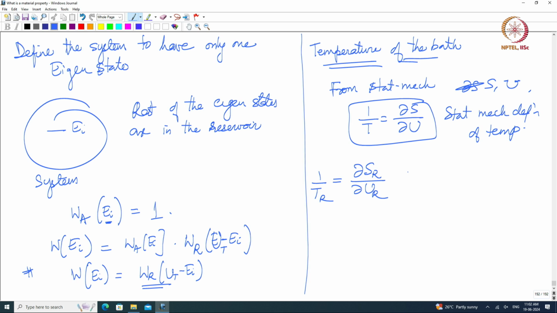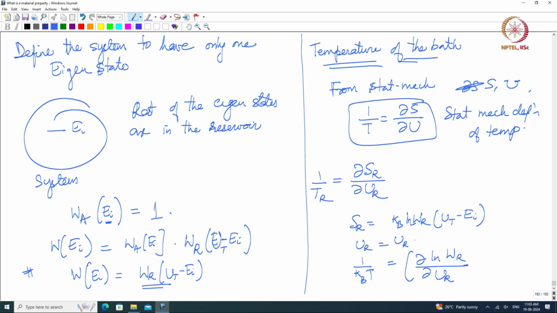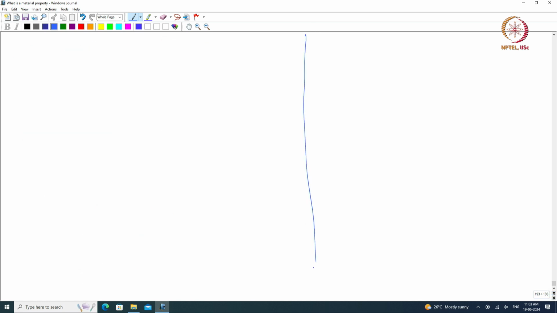Now what is S_R? S_R is nothing but k_B times ln W_R, W_R(U_T minus E_i). And U_R is just U_T minus E_i. So from the statistical mechanics definition of temperature, what we get is 1/(k_B T) equals d ln W_R/dU_R, where k_B is the Boltzmann constant, at constant volume, but we will not pay too much attention to that now.